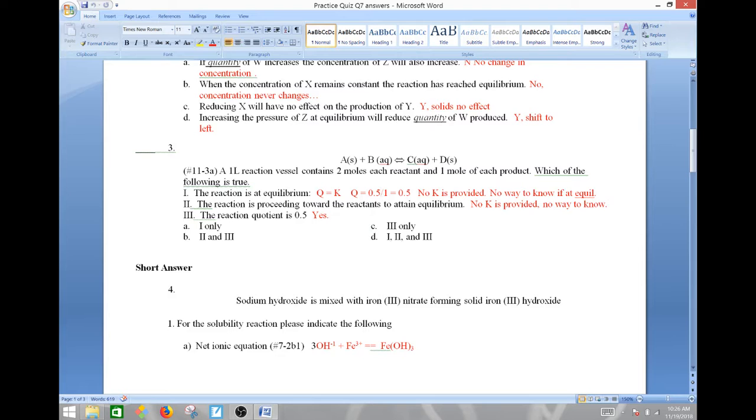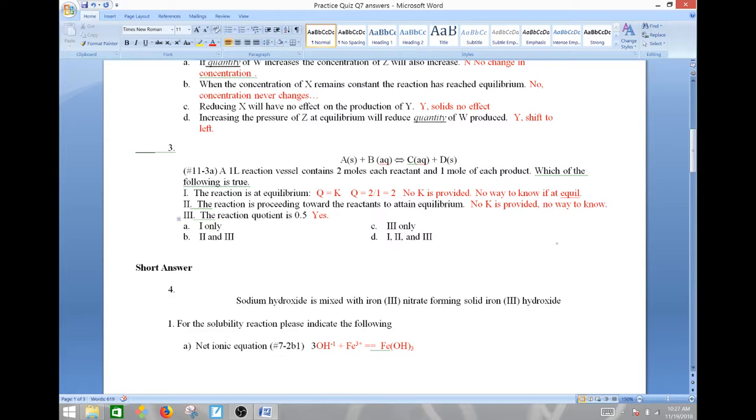And then 1 mole of each product. It'll be 1 mole divided by 1 liter, which is 1 divided by 1, and then 2 divided by 1 is going to be 2.